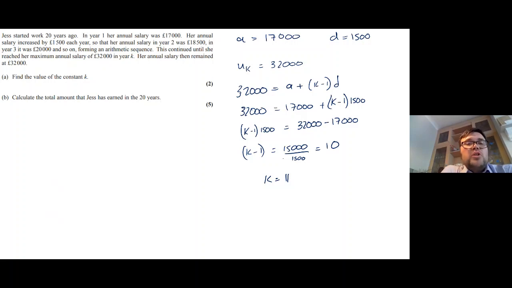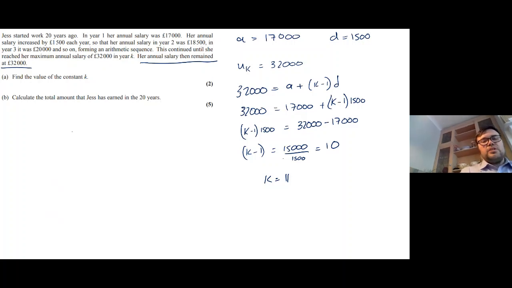So the first 11 years of her salary is an arithmetic progression, or an arithmetic sequence. Because her annual salary then remained the same at 32,000, after the 11th year, which is increasing up, the 12th year it's 32,000, 13th 32,000, 14th 32,000, all the way up to 20. So calculate the total amount that Jess has earned in that 20 years.